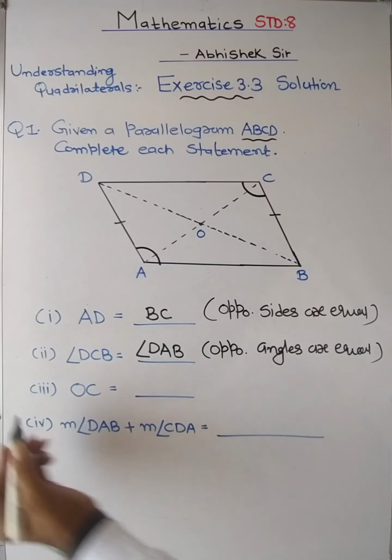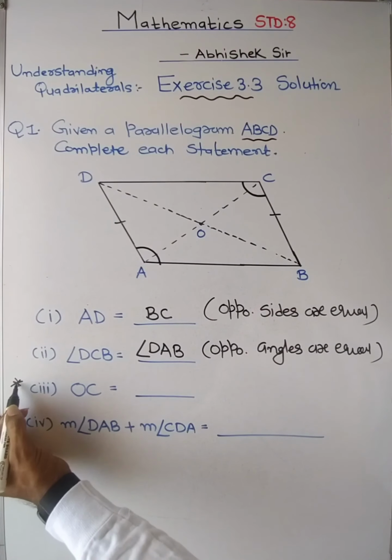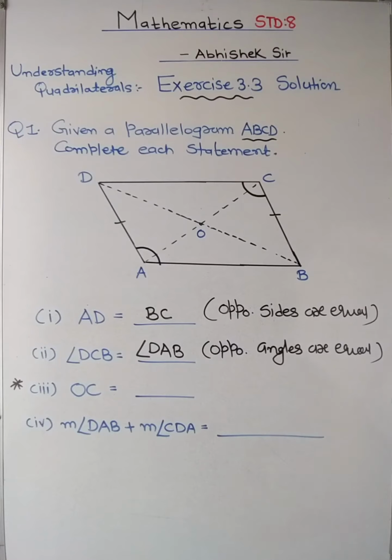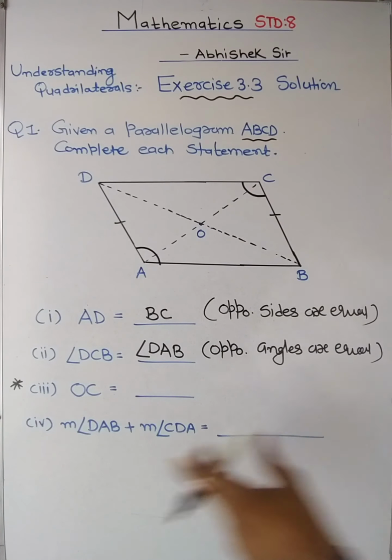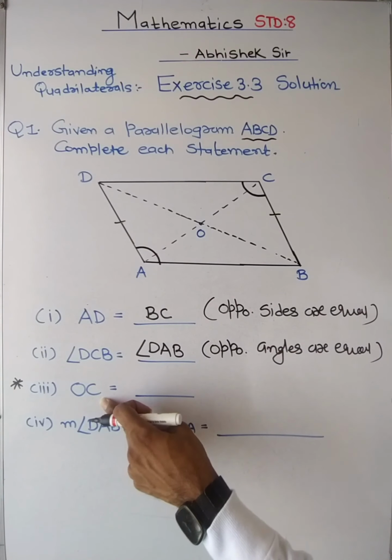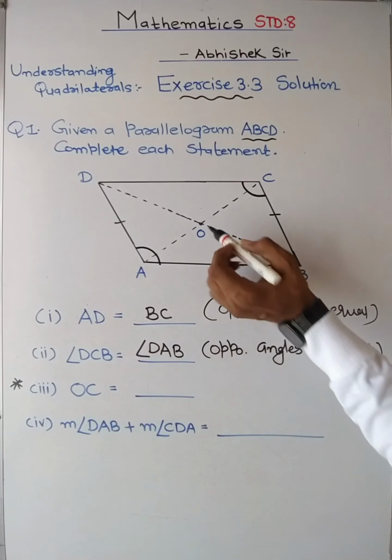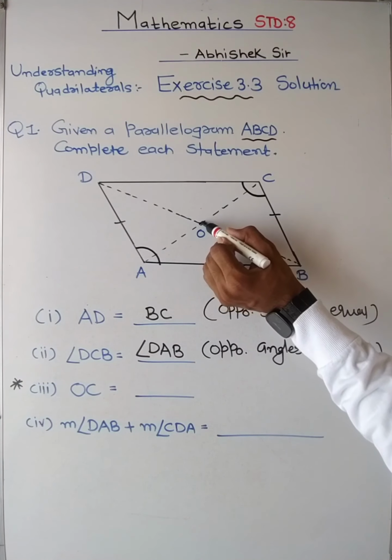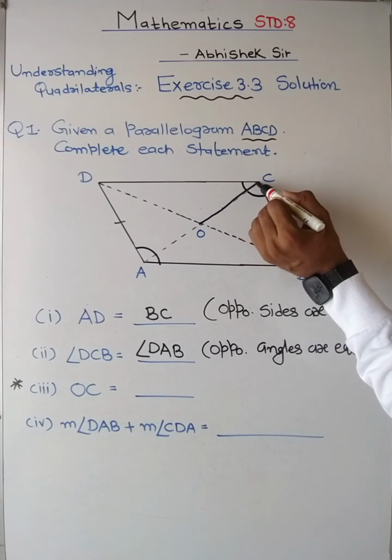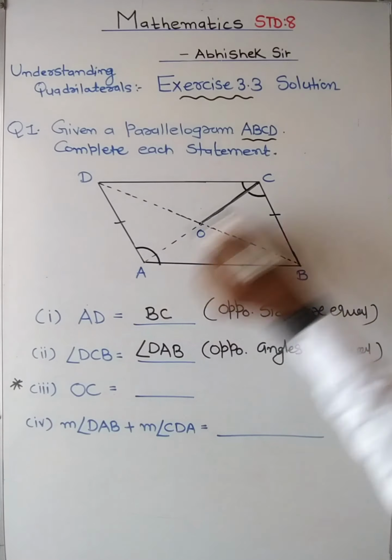Now moving on to the next one. Very important, please take care. I am drawing a star over here because this is one of the properties we might not have seen, but it is there in a parallelogram. Okay, so that is OC. Now you see carefully, OC is a part of a diagonal. It is the half part of diagonal AC.